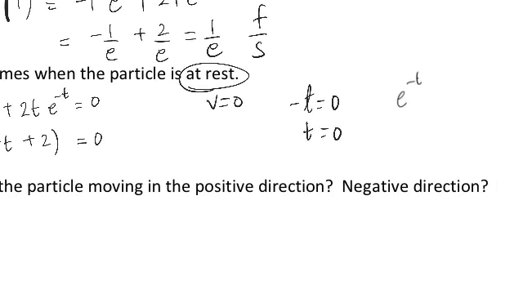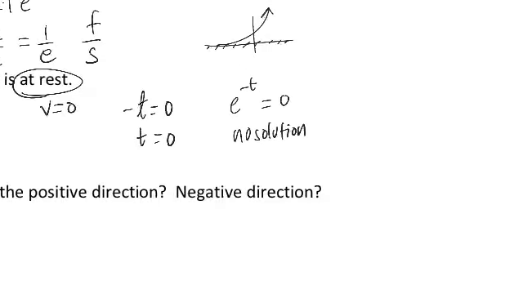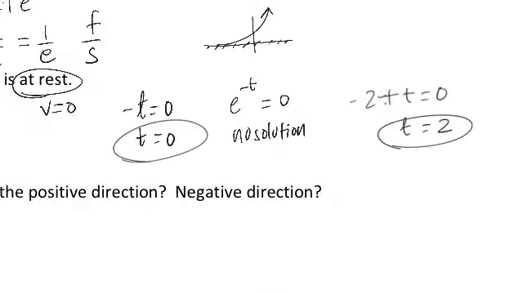E to the negative t is never equal to 0, because if you remember, the e to the negative t graph looks like this, right? And it never hits its asymptote. So it's never 0. And then negative t plus 2 equals 0 gives us one time at t is equal to 2. So we're at rest at t is equal to 2 and at t is equal to 0.